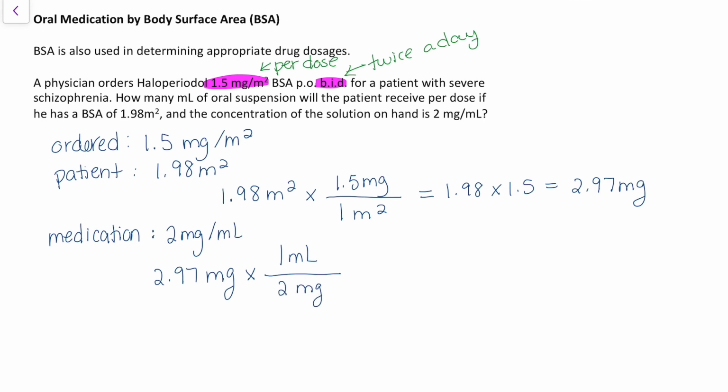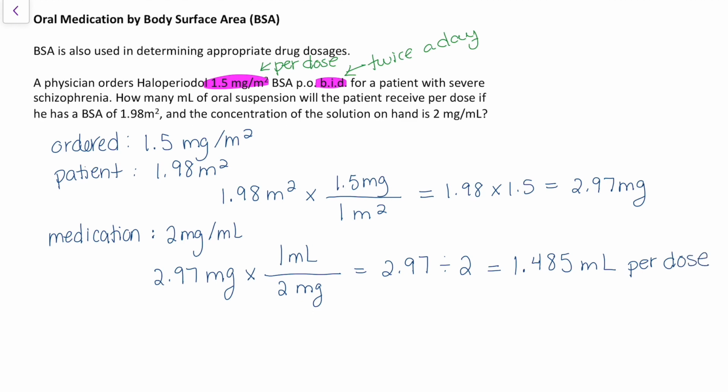So I'm using this as my conversion rate with my milligrams on the bottom. So I'm going to do 2.97 divided by 2 to get 1.485 milliliters per dose.